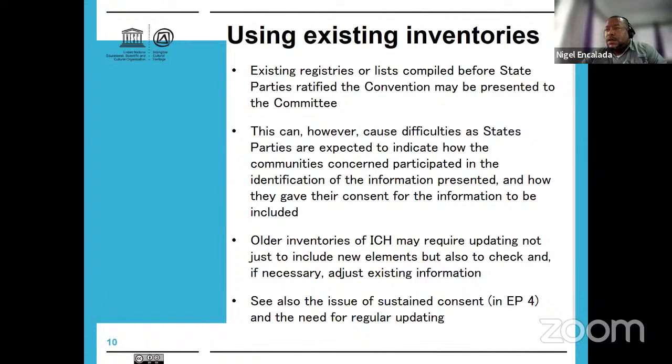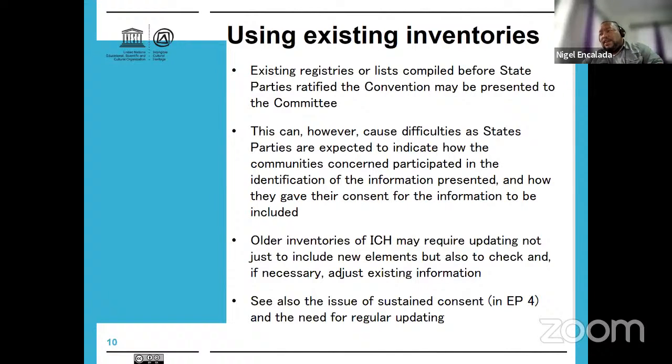This can, however, cause difficulties if that is the case, as state parties are expected to indicate how the communities concerned participated in the identification of the information presented and how they gave their consent for the information to be included, no? So again, communities are at the center of that process, and it would show up clearly in any inventory that you produce.